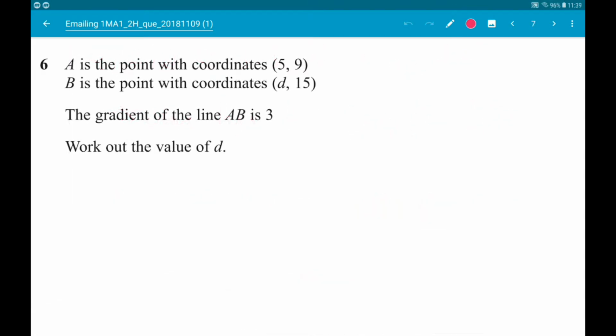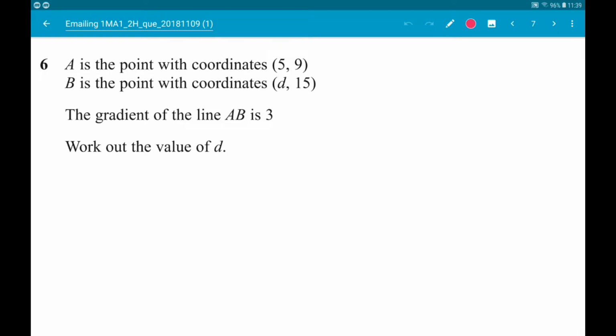Number 6. A is the point with coordinates 5, 9. B is the point with coordinates d, 15. The gradient of the line AB is 3. Work out the value of d. Okay, so my equations of straight lines playlist will be down below, where we cover things like this.